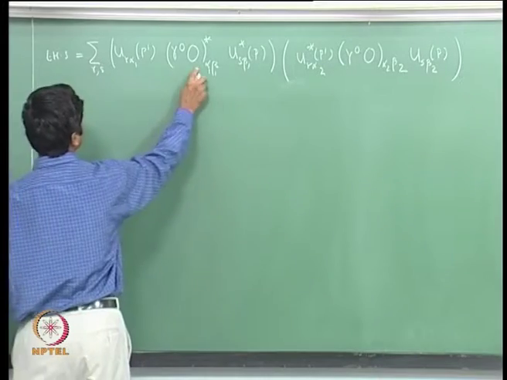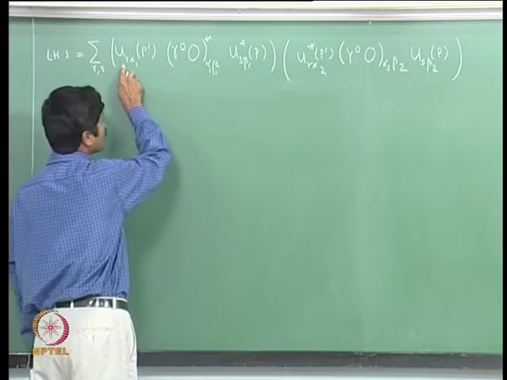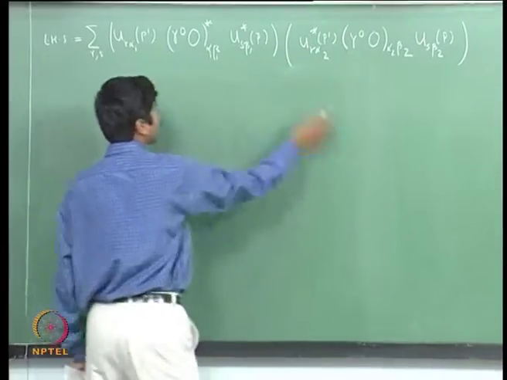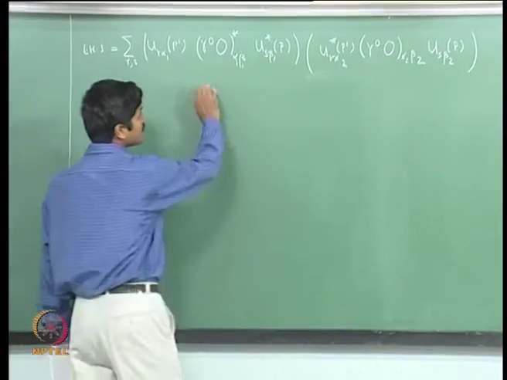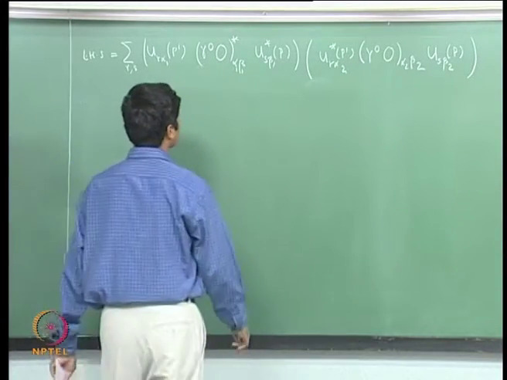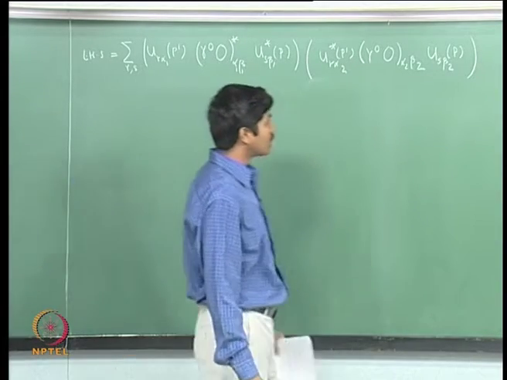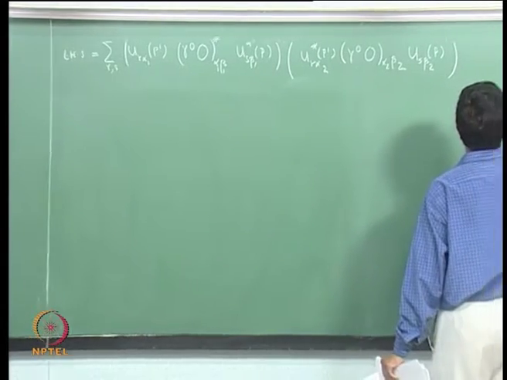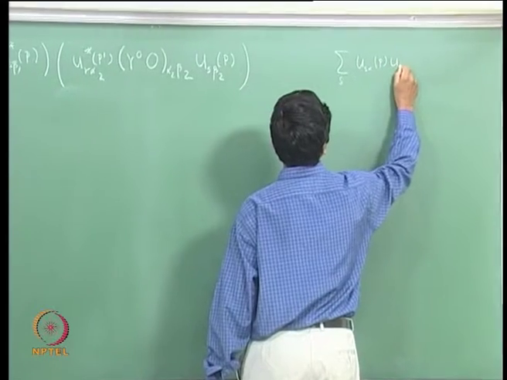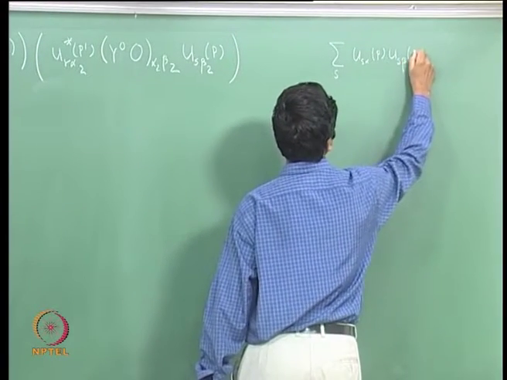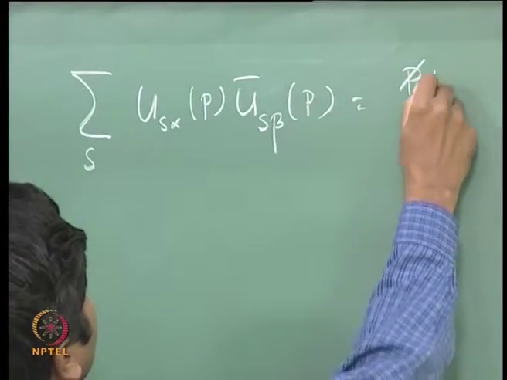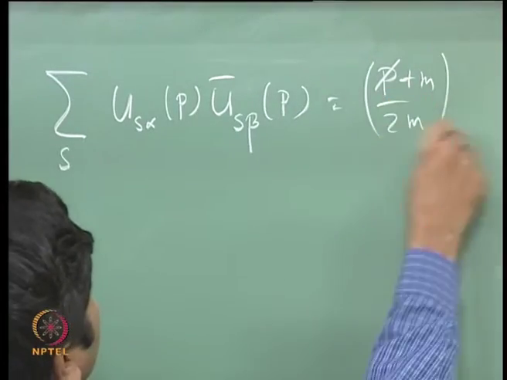These are components of Dirac gamma matrices and these are components of Dirac spinors. Since the components are numbers, I can freely move them wherever I want. So, let us rearrange these terms appropriately, so that we can use this relation: sum over s of u s alpha of p, u bar s beta of p is equal to (p slash plus m) over 2m, alpha beta.